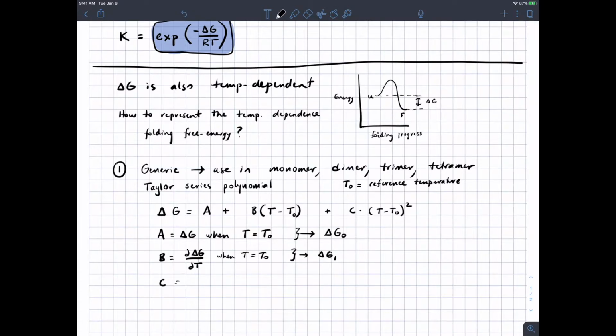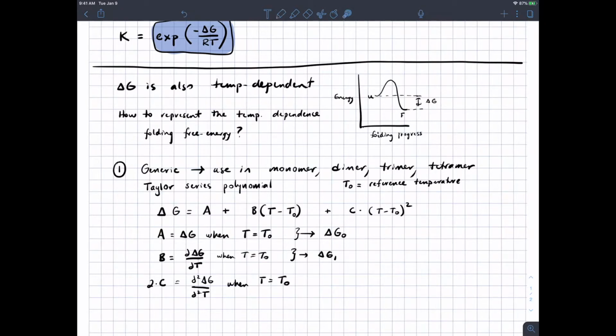And then C is going to be equal to, well, actually 2 times C equals the second derivative of delta G with respect to temperature at the reference temperature.